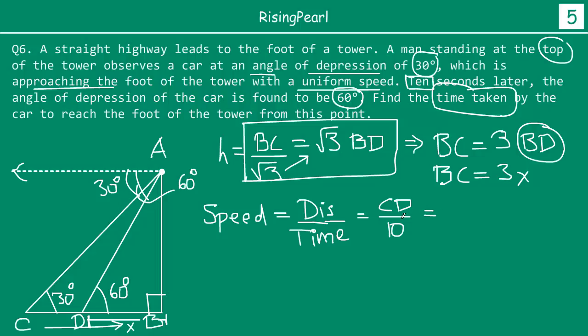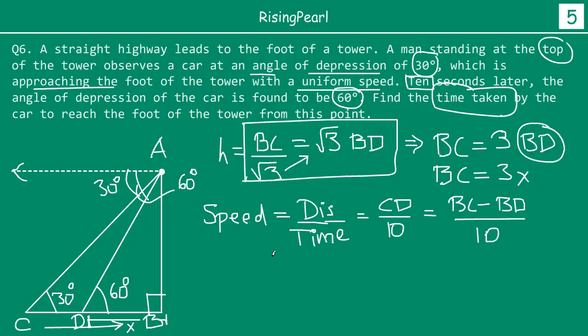Now what is CD? CD is nothing but BC minus BD, divided by 10. So CD is BC minus BD.